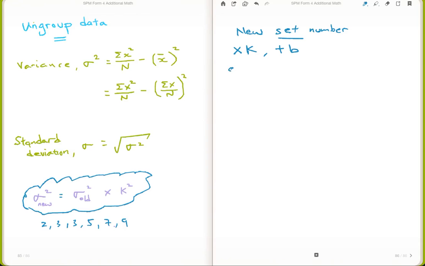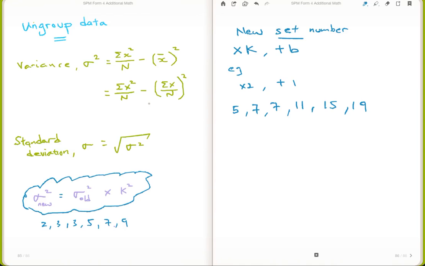For example, you times with 2, you plus with 1. So your new set of data would be 4 plus 1 is 5, ... 15, 19. You don't need to recalculate them.